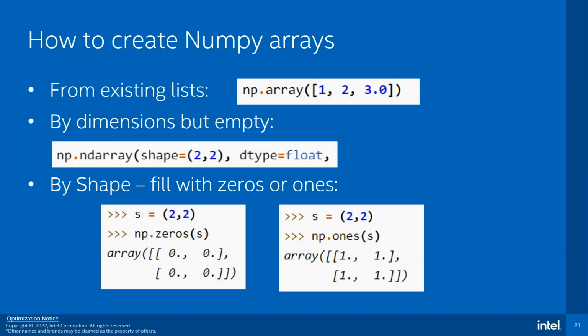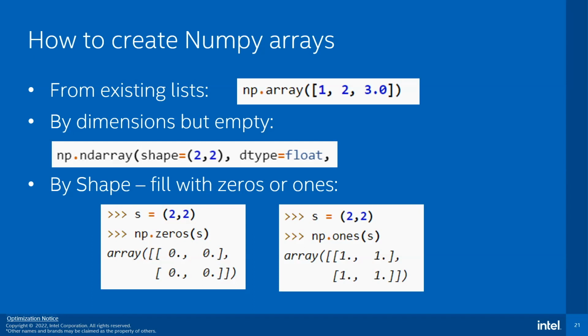So how do you create NumPy arrays? Many of you are familiar with this. You can just take your existing list from Python and stuff it into the NumPy array, and it'll create an ndarray for you. ND in NumPy land stands for n-dimensional array, okay? Kind of like a tensor, not a physics tensor, but a programming tensor. You can also create an empty array by doing ndarray and specifying a shape.